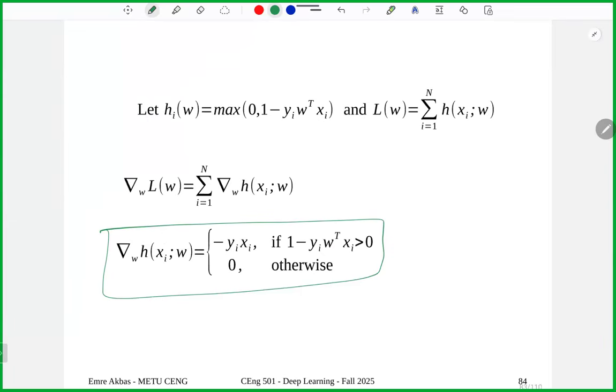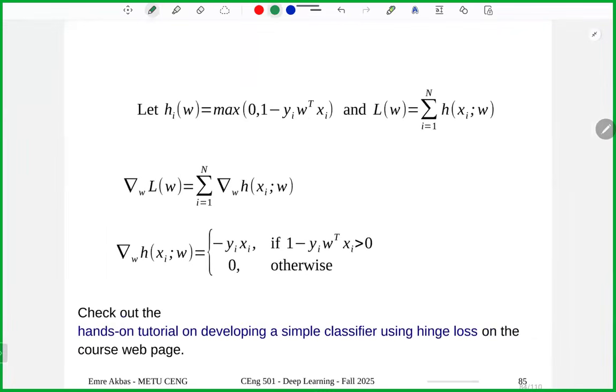It's a nice, simple example. And also, there is a hands-on tutorial on this. I'm not going to go over it here, but I posted it on the course web page. Just look at it, execute it, and try to understand it. I think it's very useful. Here, I'm just going to quickly skim over it. So it's on week 2.